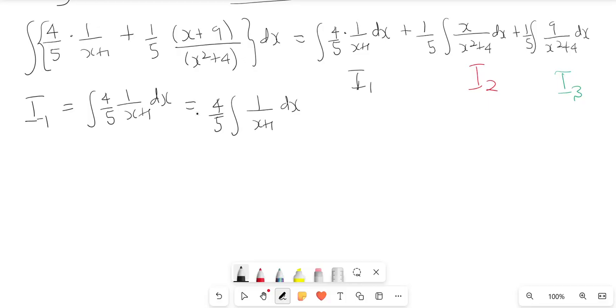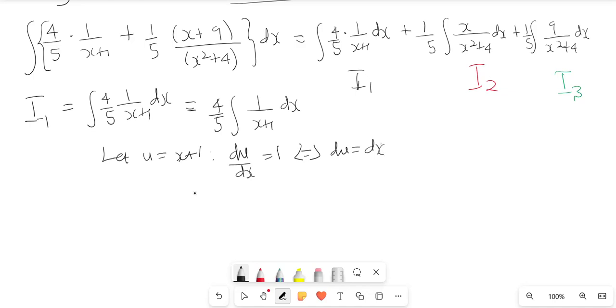You can use u-sub. We can let u be equal to x plus 1. Then du over dx should be equal to 1, which implies du is equal to dx.